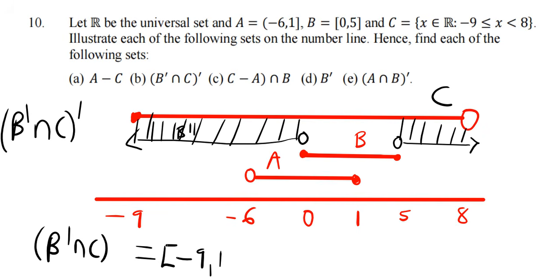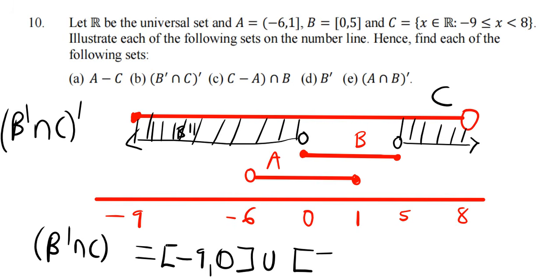Actually 0 is found in both. So in this case, we've put the 0 there, and I'm going to open like that, union. We're going to come to the other side. At 5, it is included in B, and 5 is also found in C.